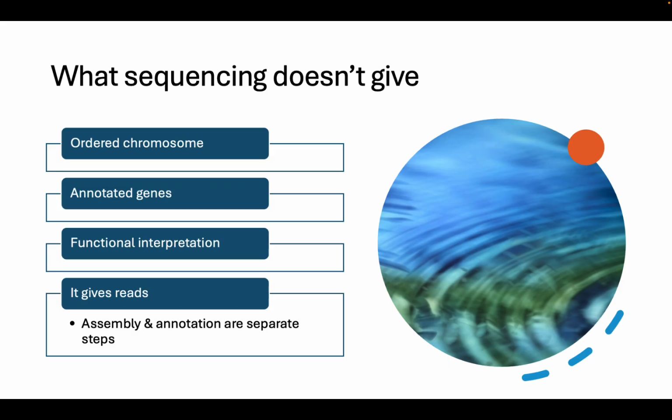What does this genome do? All it does is give us reads. That's it. It's just a big file that looks like that screenshot I showed you earlier. Doing the assembly to try to get as close to a chromosome as possible, and doing annotation so that you can determine gene function, are separate steps that we'll talk about as we continue in this module.